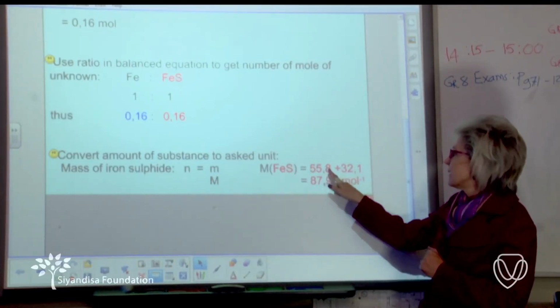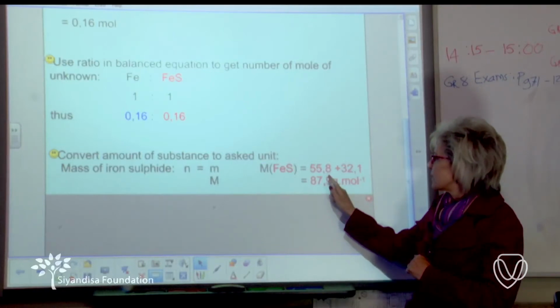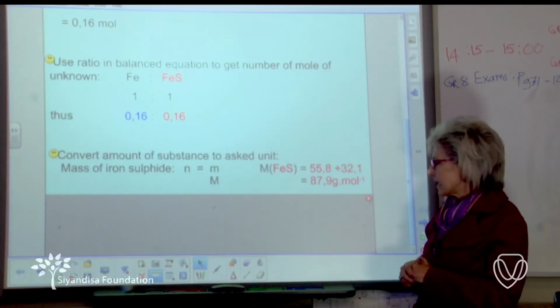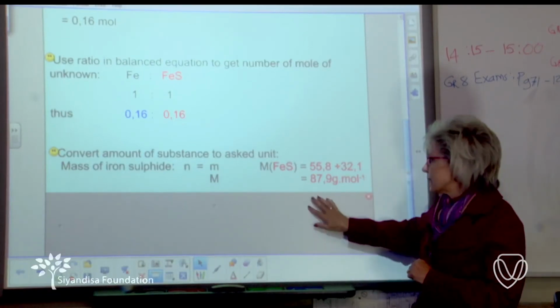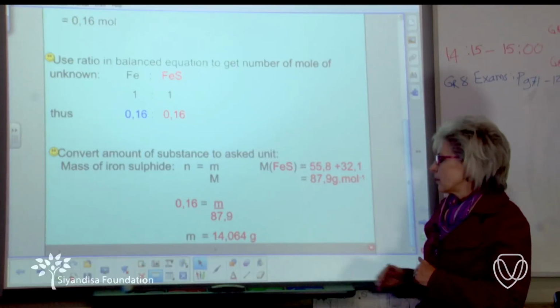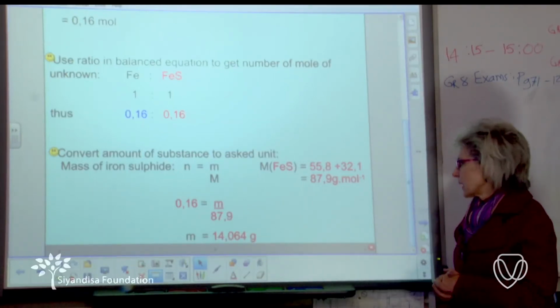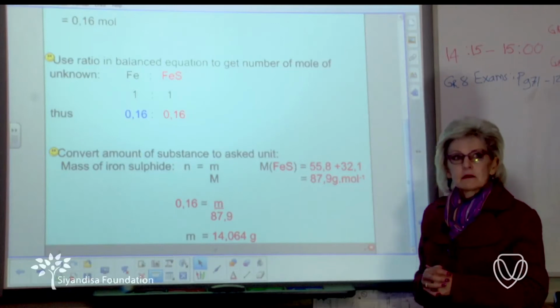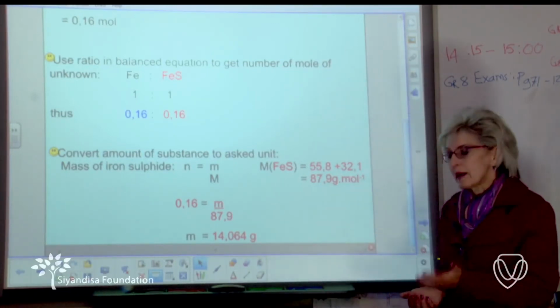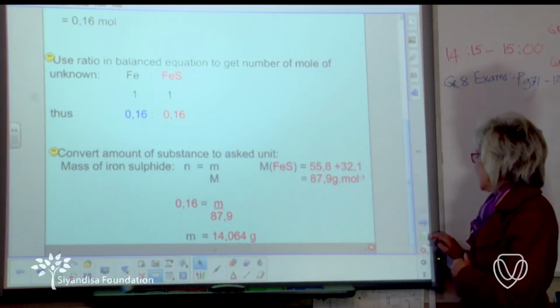So when we add these ones still in decimal numbers, 55,8 plus 32,1, we get 87,9 gram per mole. So when we substitute that into our formula, we end up with a mass of 14 gram. A very straightforward, simple one, but as we said, this is the basics. If you stick to the basics, you should not go wrong.